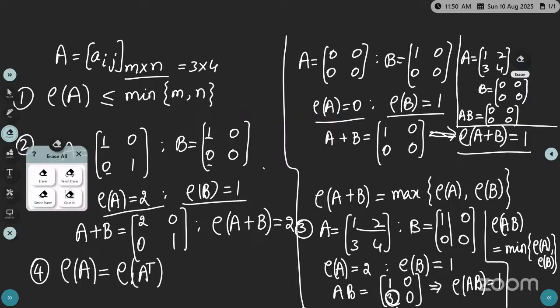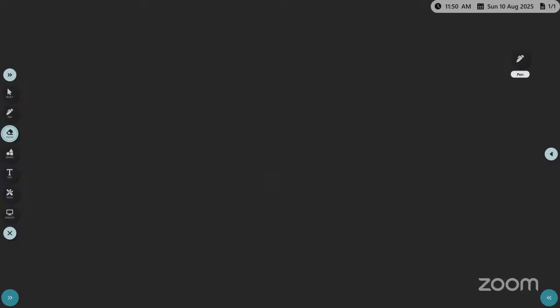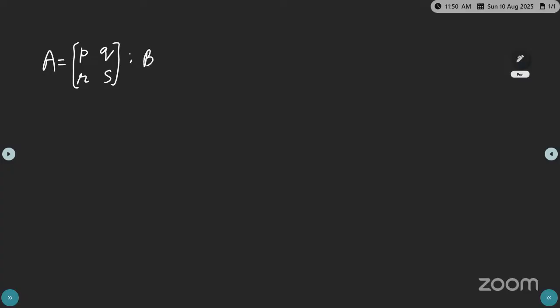If A equals PQ RS, B equals P square plus Q square, PR plus QS, PR plus QS, R square plus S square.